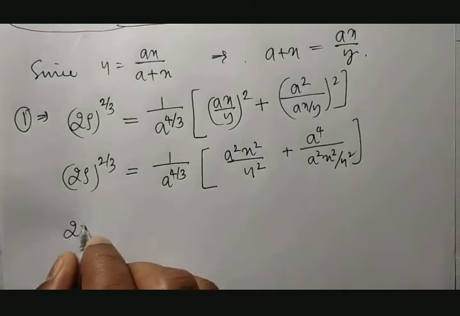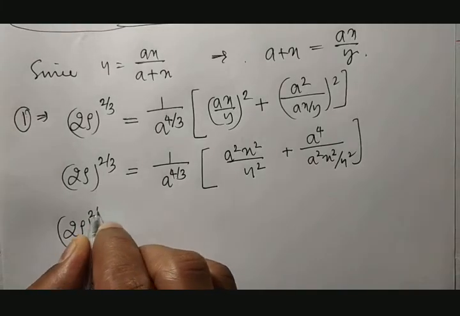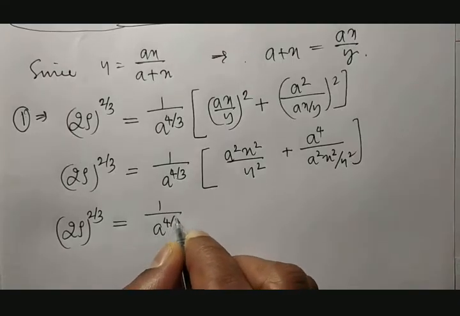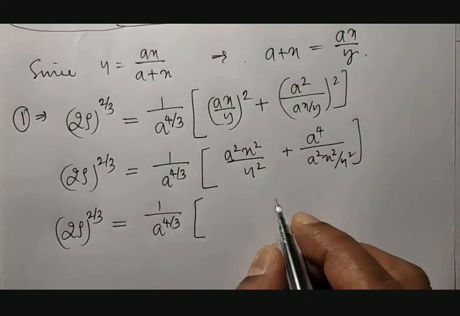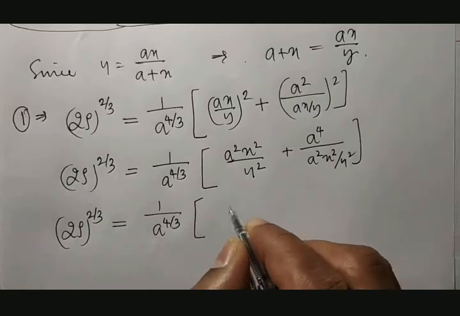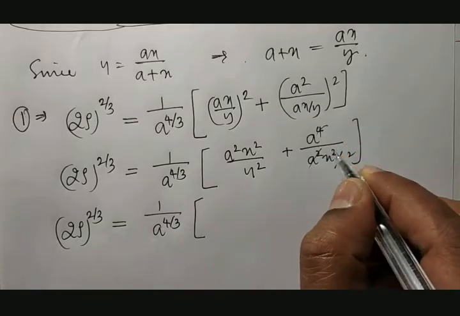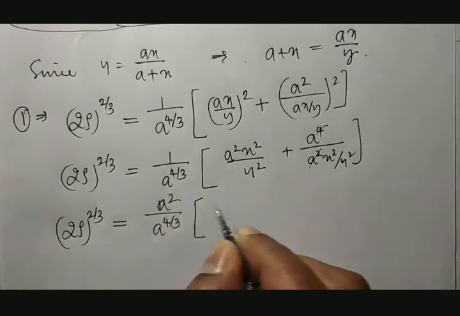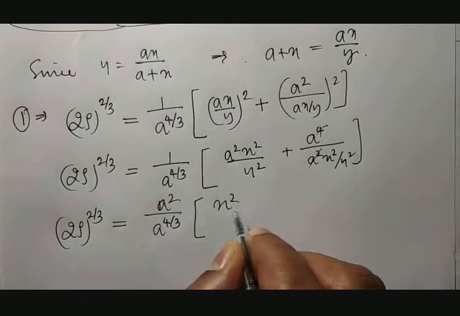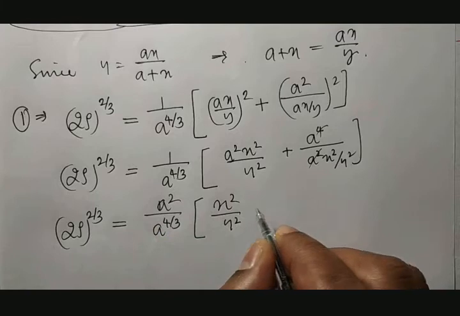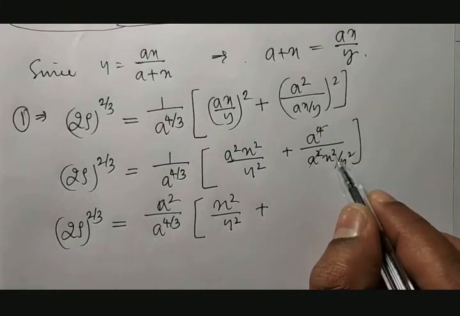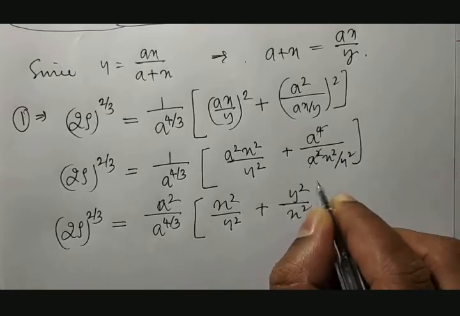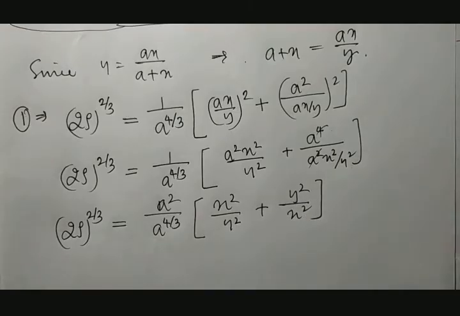Fine. Therefore 2 rho raised to 2 divided by 3 is equal to 1 divided by a raised to 4 by 3 into, you can see this gets cancelled, then a square remains. That a square, if I take it outside, then it is x square divided by y square plus 1 by x square by y square. So it is y square divided by x square.